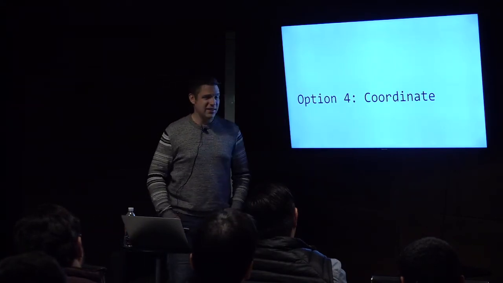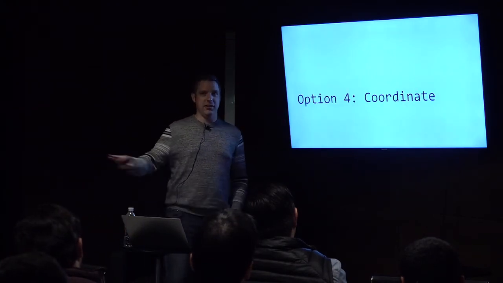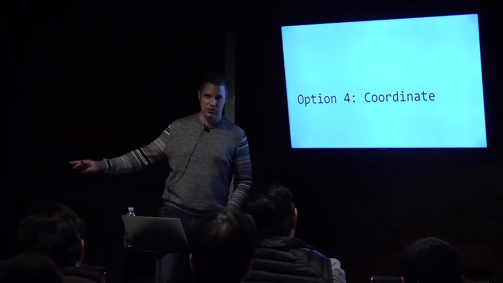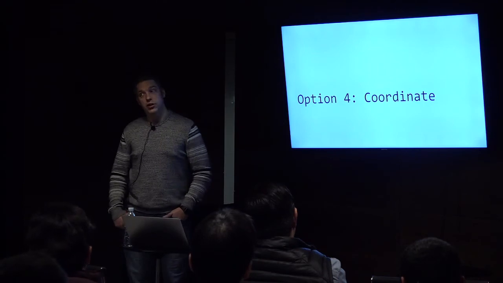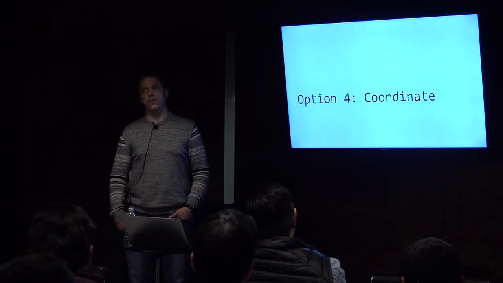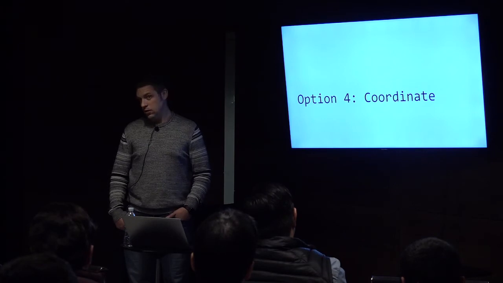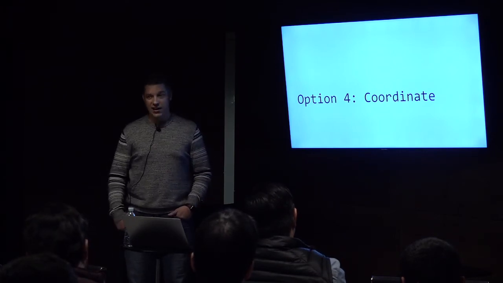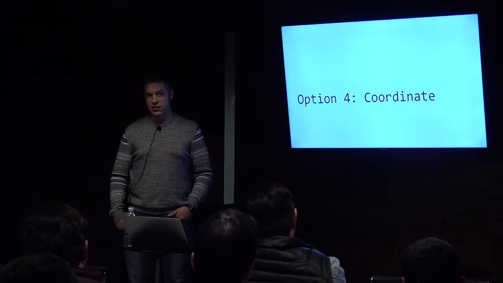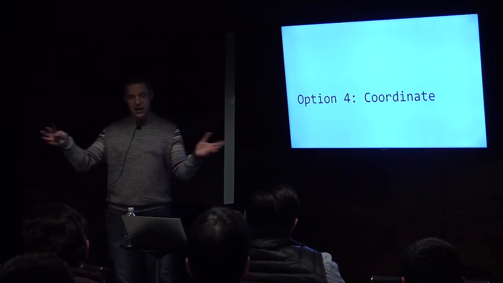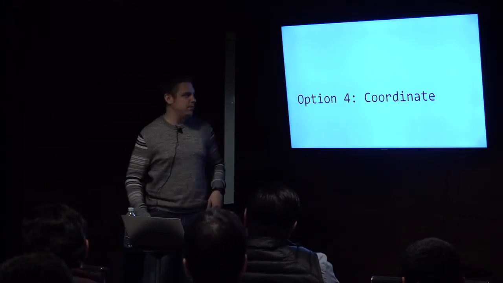And finally, coordinate. RabbitMQ explicitly says we do not support this, and we will never support this. Now, some queuing and messaging systems do support this. So if we were using MSMQ, it does support a distributed transaction, with a caveat that you have to open a bunch of ports that your network administrator will strangle you for, because they're just this random list of weird ports that they want to open up.